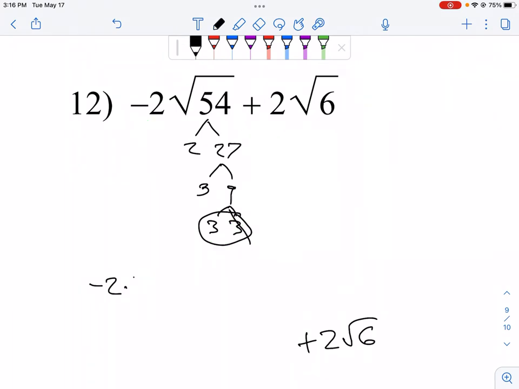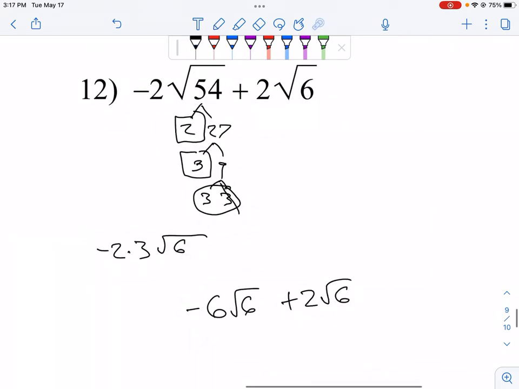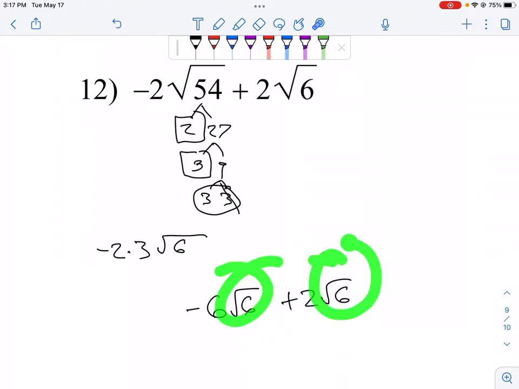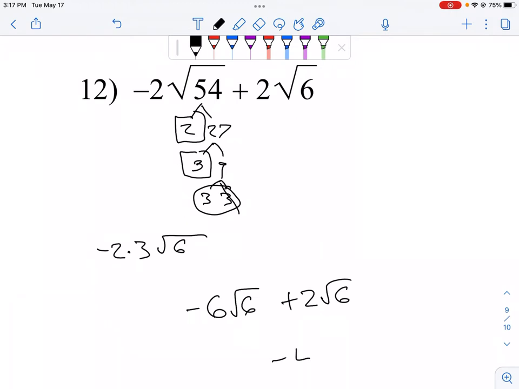So negative 2 times 3. Left inside, I still have a 3 and a 2, which multiply to make 6. So this gives us a total of negative 6 rad 6. And now I have like radicals, and I can combine these. So negative 6 plus 2 is negative 4 rad 6's.